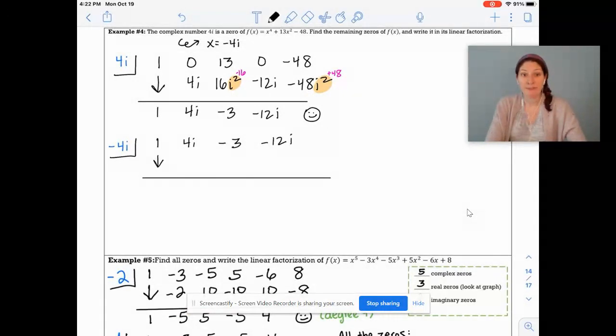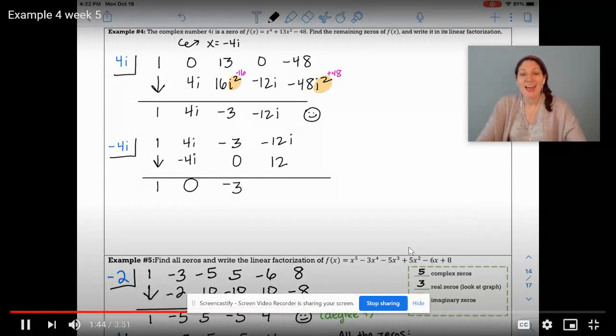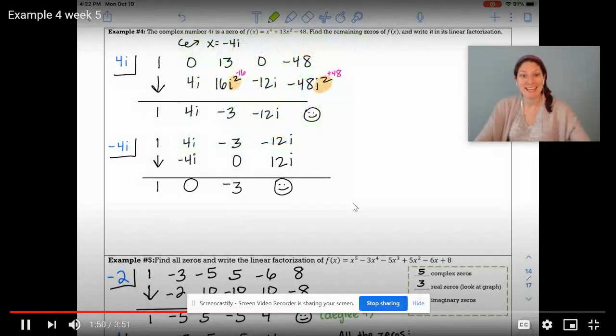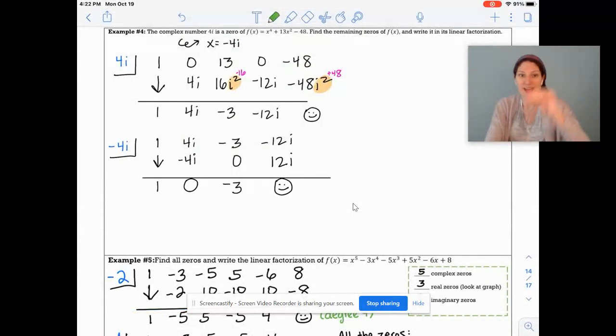And then I'm going to drop the first number, multiply, add the columns, multiply, add the columns, multiply, add the columns. So again, a remainder of 0 is exactly what we want. Because I started with the degree 3, my answer in this bottom row is a degree 2. It's exactly what I want. I have the quadratic. That was my goal, to get it to a quadratic, to break it down.